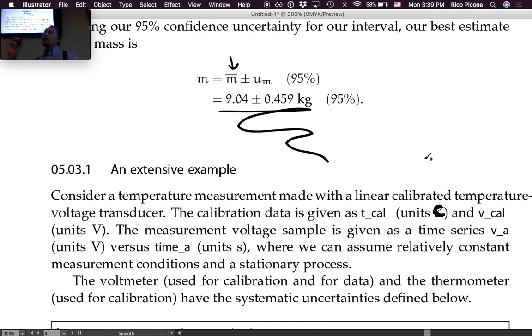Essentially, we got rid of the 0.5. The 0.5 was just an offset, and we can get rid of it by calibrating. So actually, the goofy scale was reading 0.5 kilograms off, but we adjusted it so it wasn't reading that off. So then what's the uncertainty? And this is still the answer.